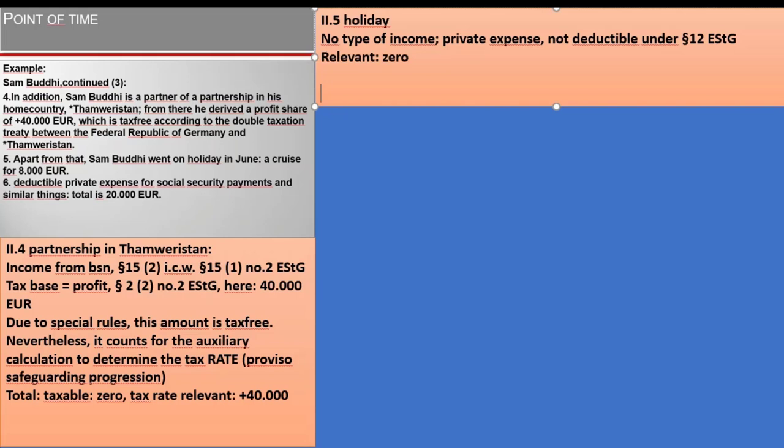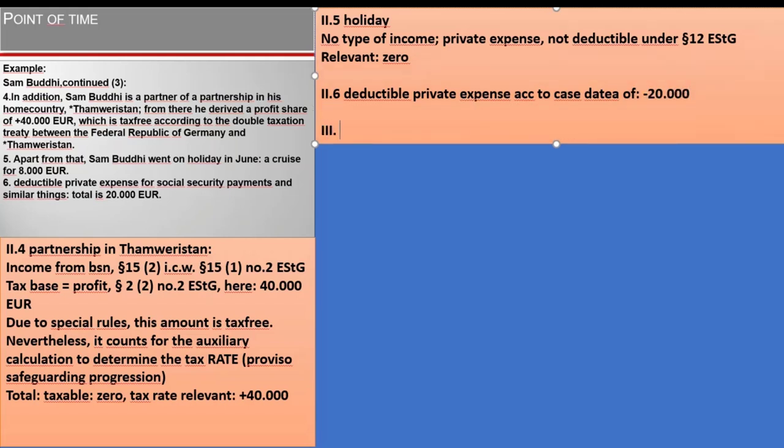So unavoidable financial burdens which really hit you, which are unavoidable for you concerning their cause and their amount, and which don't happen to all other taxpayers in similar financial situations like you are. Forget about that. This is definitively not the case here. So 2.6, we have now deductible private expenses according to case data of minus 20,000.